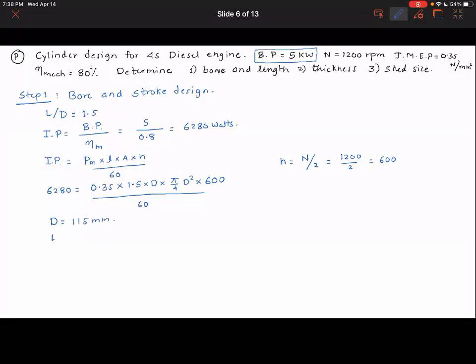L, small l, is equal to 1.5 times D, 115. So that is about 200 millimeter.